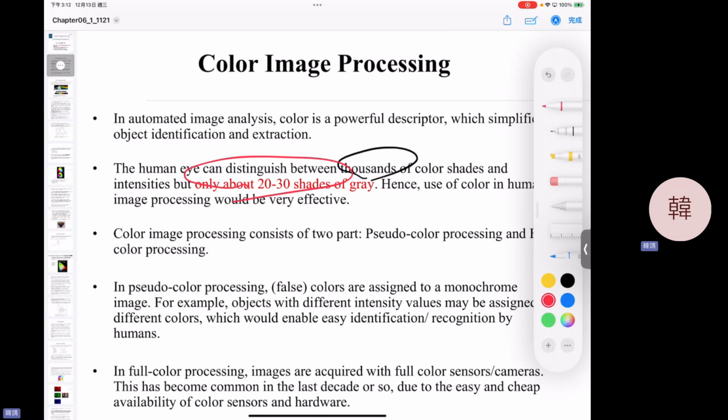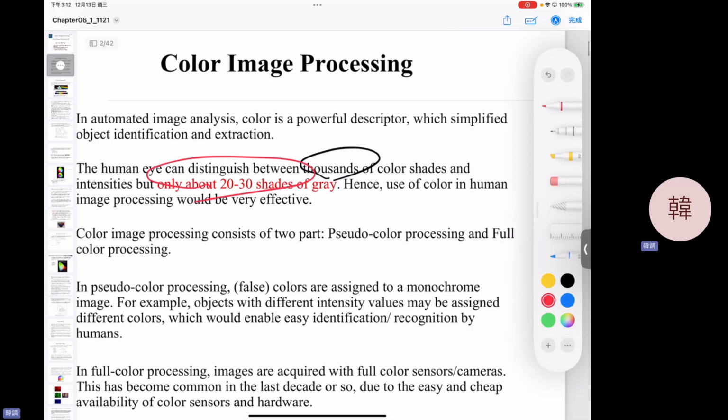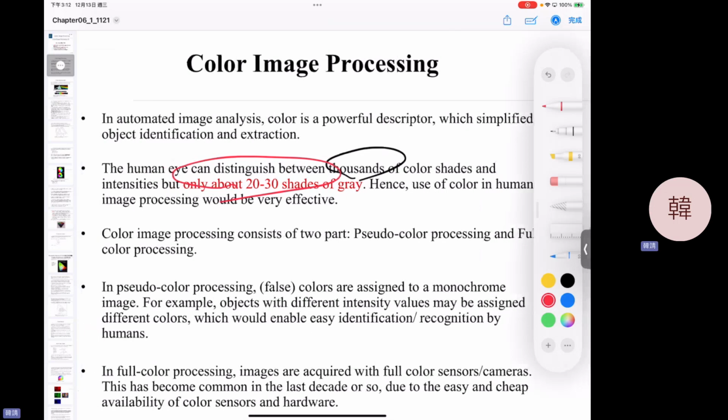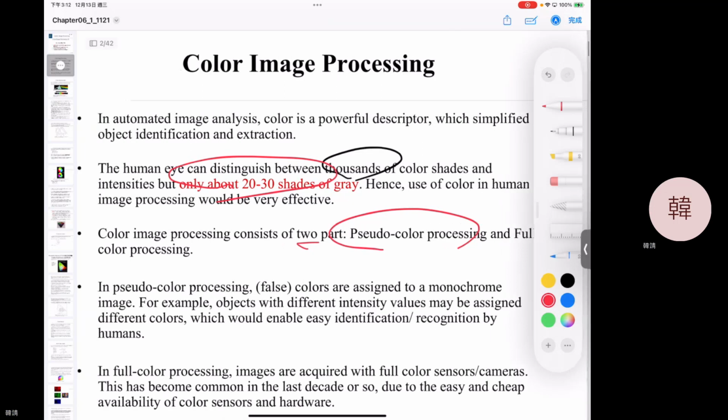So you use color information for human image processing, which is very effective for classification. Color image processing is considered in two parts. The first is pseudo color, using different spectrum. You can apply pseudo color, which is effective for telling objects apart.